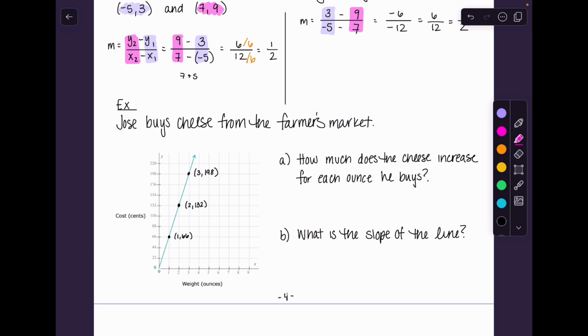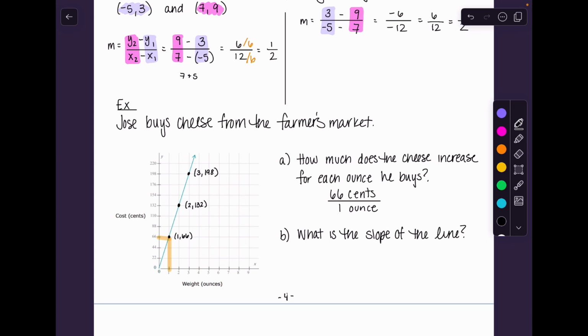So approaching this again from looking at the graph, if I want to know how much the cheese increases for each ounce he buys, if I look at the 1 ounce, it's going to cost Jose 66 cents for that 1 ounce of cheese. So this is exactly how much the cost increases for every 1 ounce. Okay. So that was easy to dissect just from the graph itself.